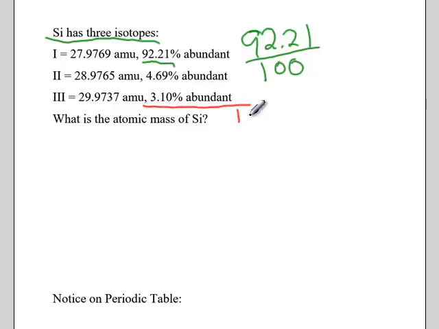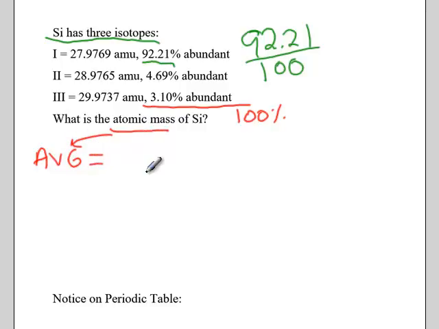All these percentages have to add up to 100%, just like your score on an exam. The score correct plus the score incorrect has to add up to a total of 100%. So we can use this to find the average, which is the atomic mass.